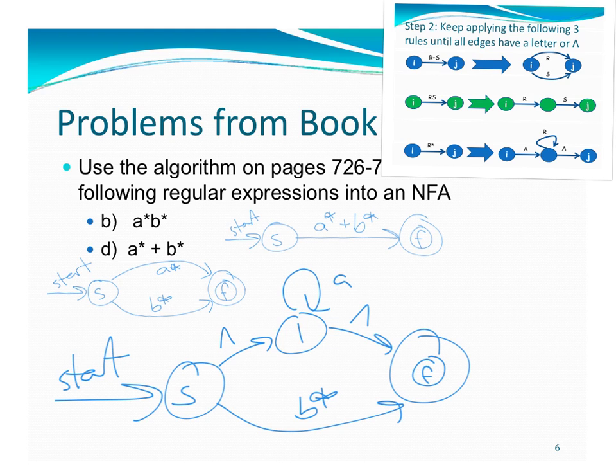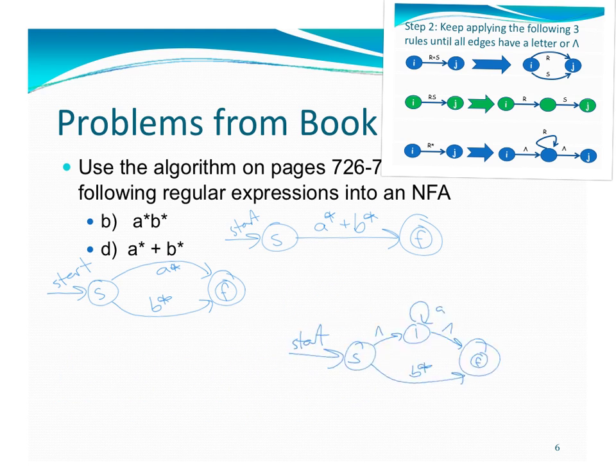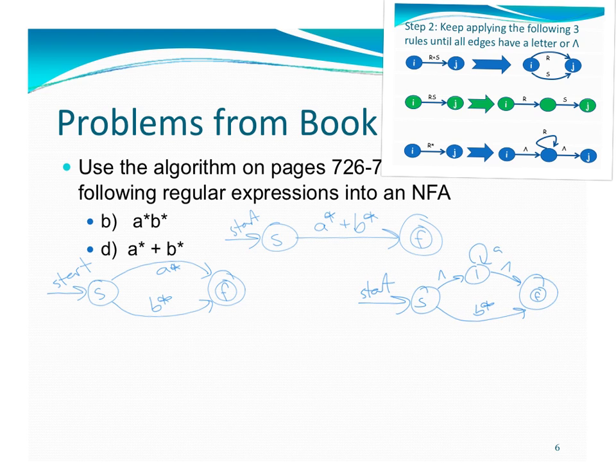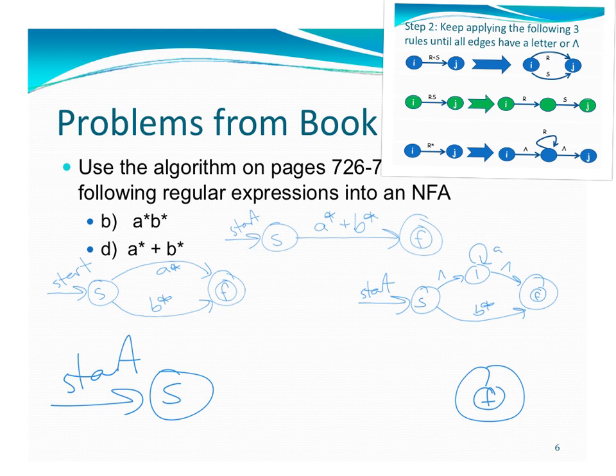And still not fully reduced because we have that B star. So let's shove that one over there. So we have a little bit more room, and we will start. And we have our start symbol and our double circled final. We're going to copy everything except for the transition that has the B star. So I will just keep copying.